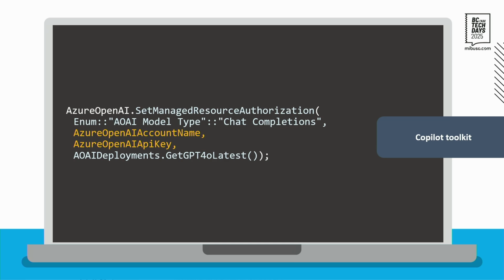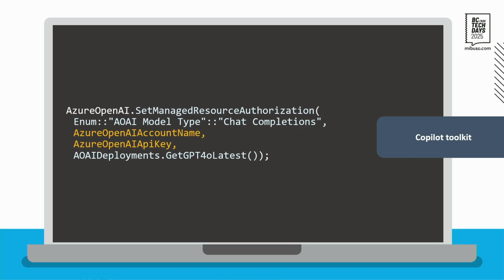There's a scenario where you want to use the ones that we manage, the BC AI resources. You use something called set managed resource authorization on the Azure OpenAI, and you have to put in which model you would like to use. You also need to provide your partner Azure OpenAI subscription.